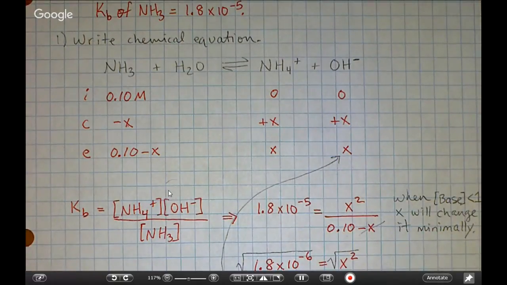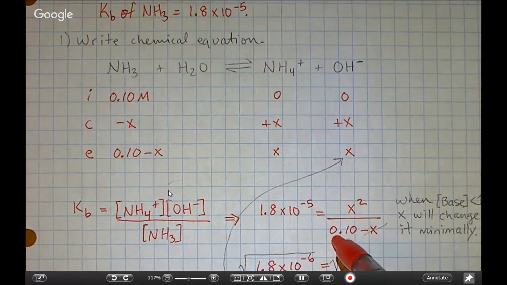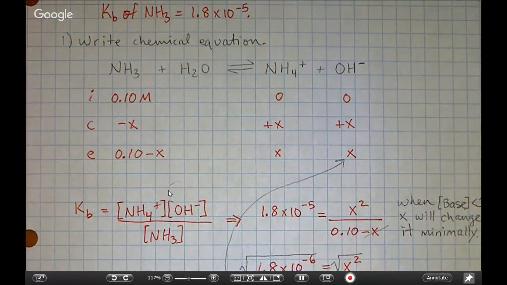And if you did that, you're going to come out really close to what we got here anyway, which would go to show that the value of x is insignificant compared to what you started with, so the change is going to be minimal. Okay. Yeah, so if you do 0.1 minus 0.001, you get 0.099, which is still really close to 0.1.